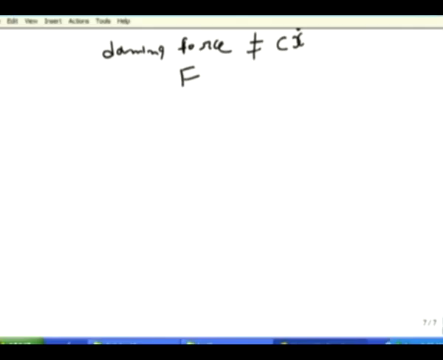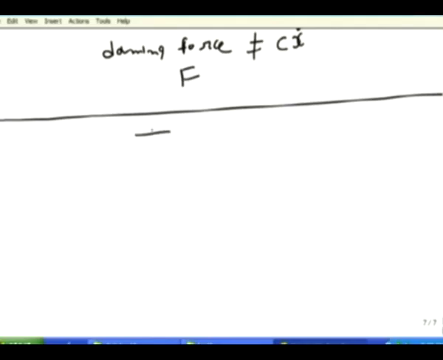Now, I will give one small example of solving. Suppose, let us do one problem. This is a taut string.